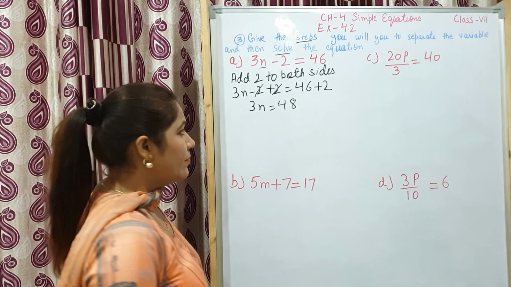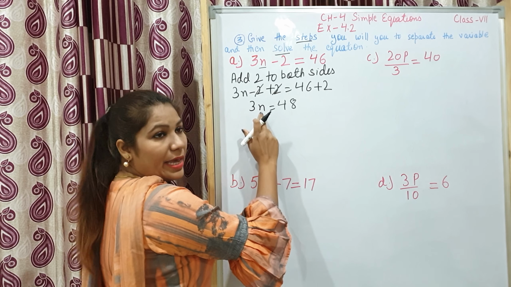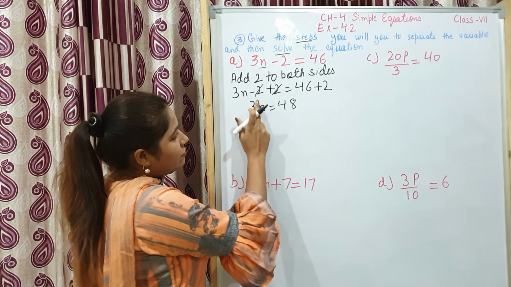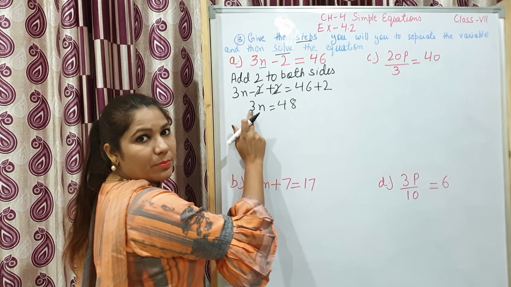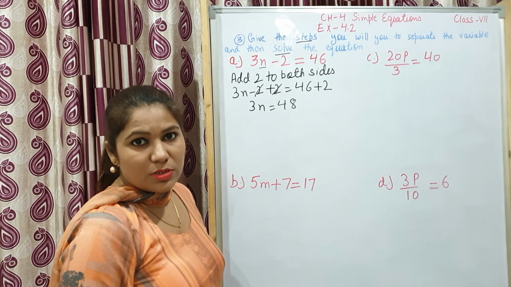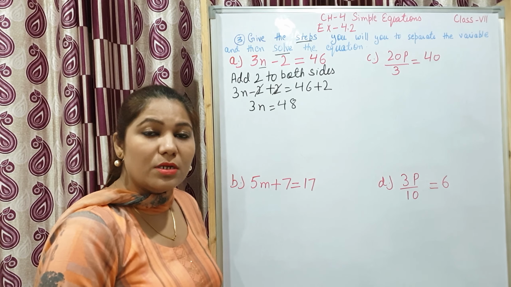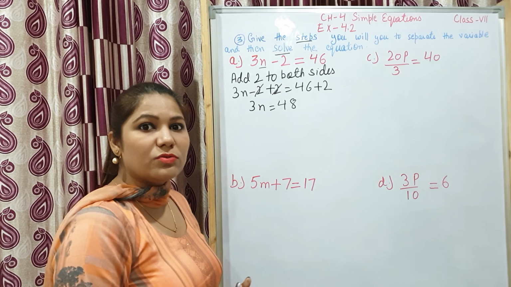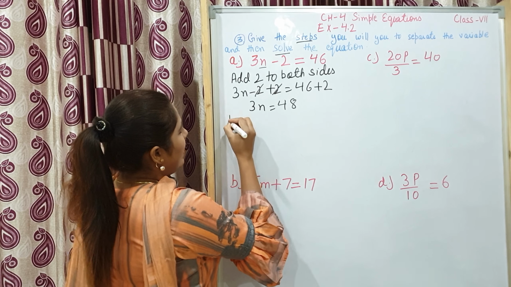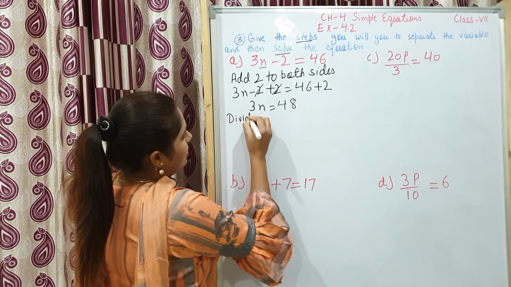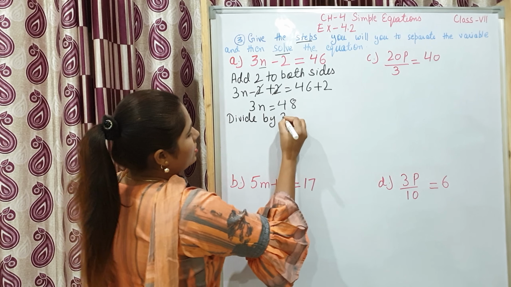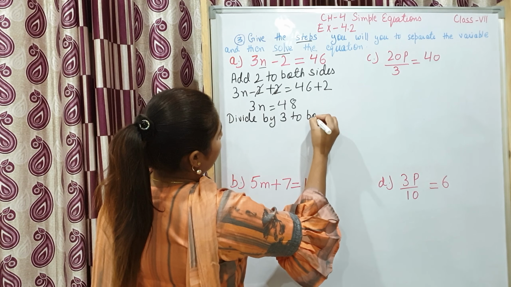Now you can see here is variable n and the constant is 3. We have to remove that number. They are multiplying with each other, so we will do the opposite. We will do the division. So divide by 3 to both sides.